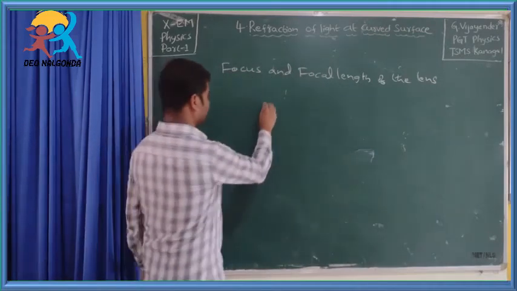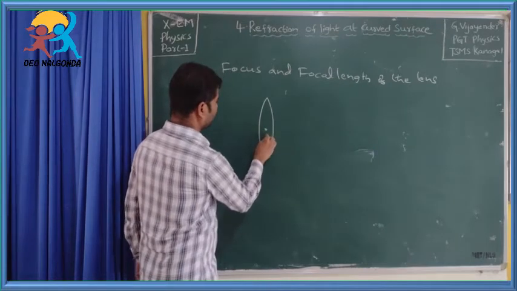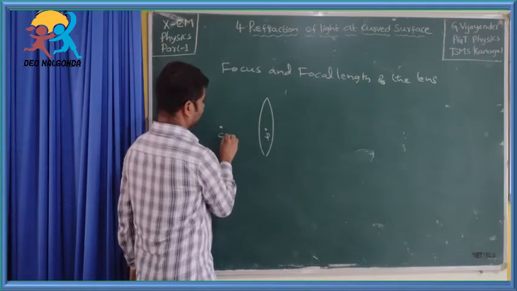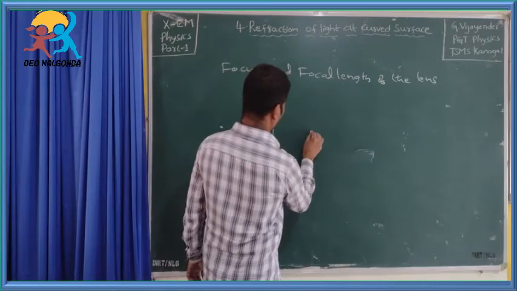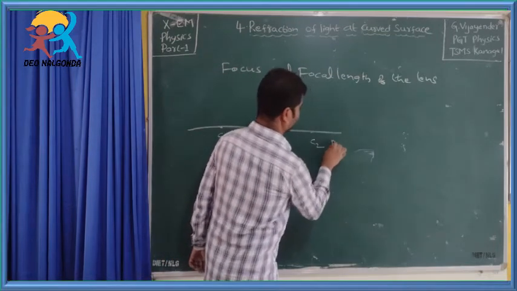Take the convex lens. This is the optic center P. It has one center of curvature C1, and on the right side another center, C2. The line passing through the two centers is called the principal axis.